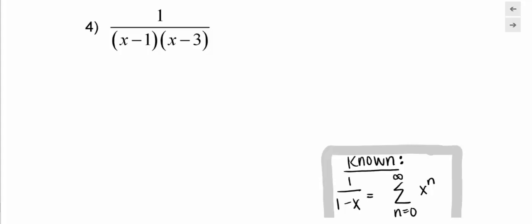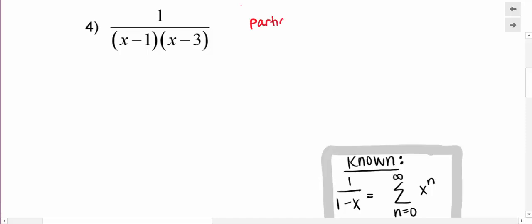So what I'm hoping to do is find two series where I can add or subtract those two series together and then determine my power series from that way. So how do I turn one fraction into two? And hopefully we know the answer to that, which is partial fraction decomposition.